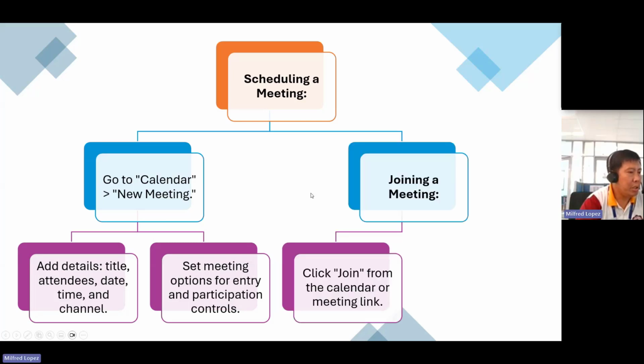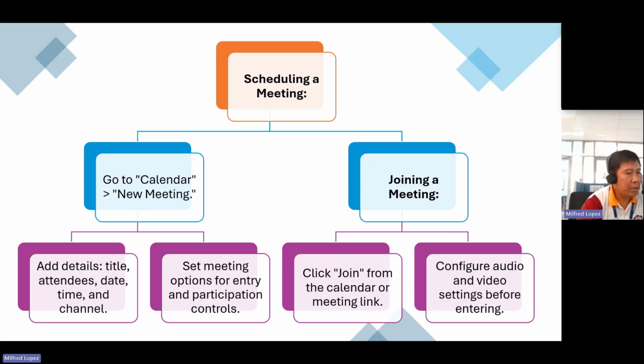So joining a meeting, you can click the join button, and you can configure your audio and video settings. You can turn on your camera or turn it off, or test the microphone first before you go on and conduct the meeting.